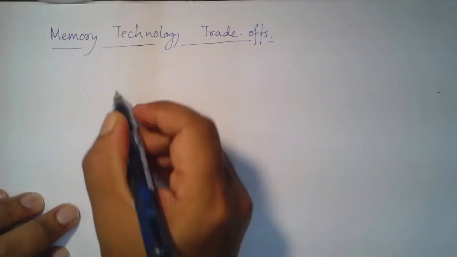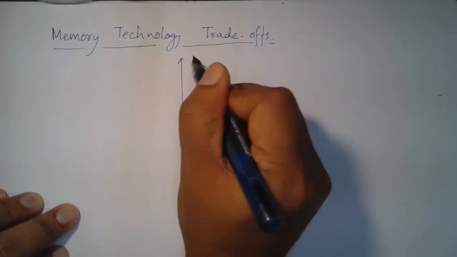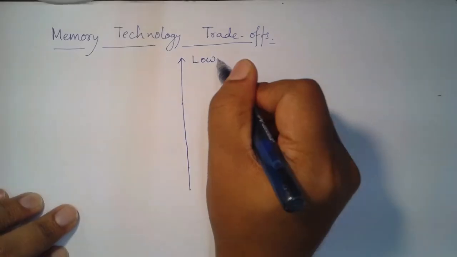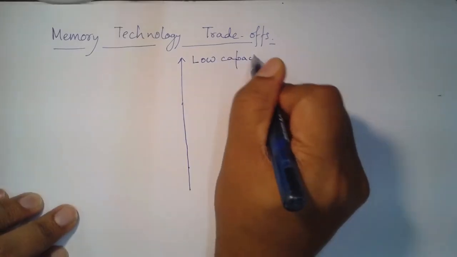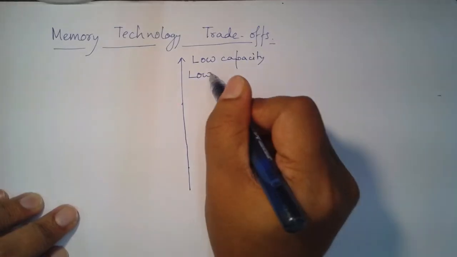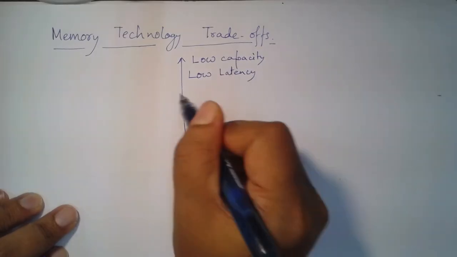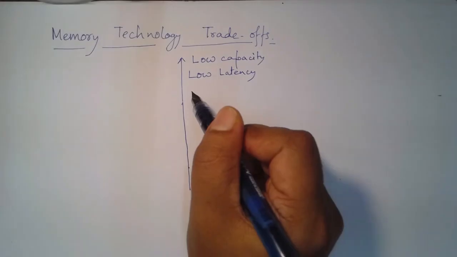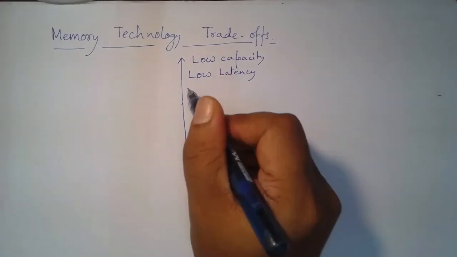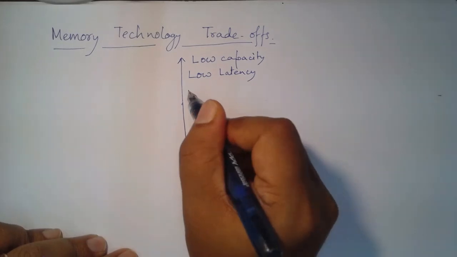So if we draw a scale where at one end of the scale we are specifying that okay, it has, let's say, low capacity and let's say low latency, so basically very good in terms of performance, and the speed at which you can read them, which is also called bandwidth.